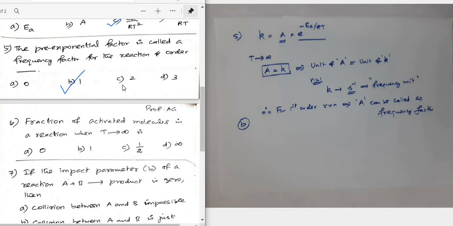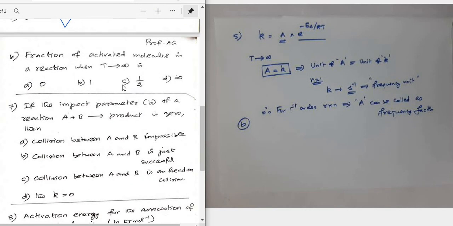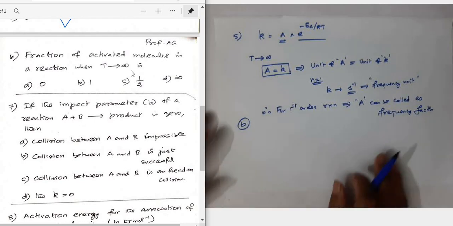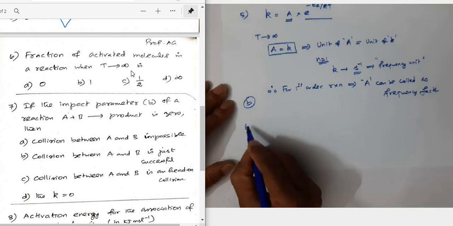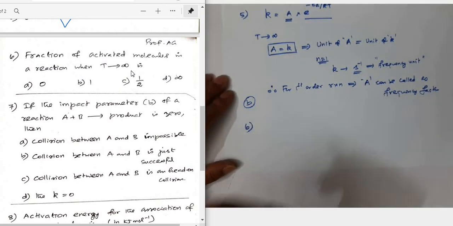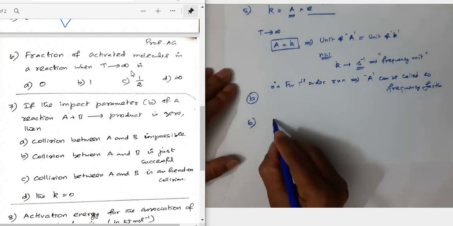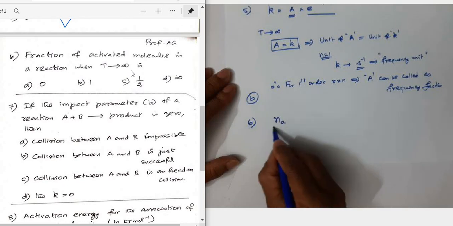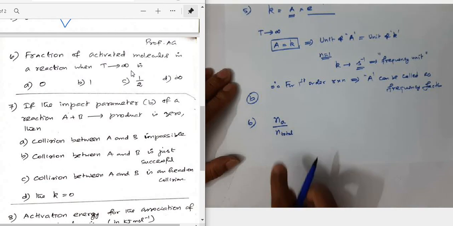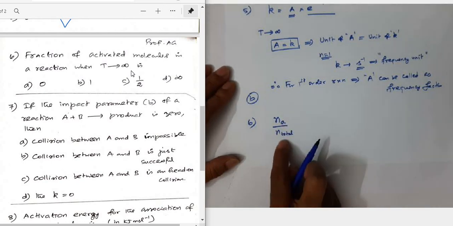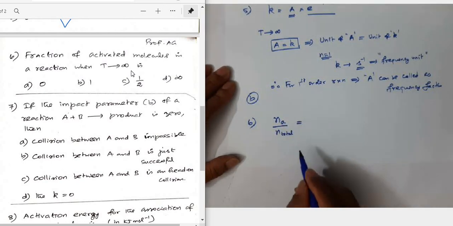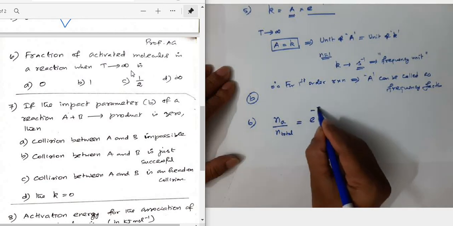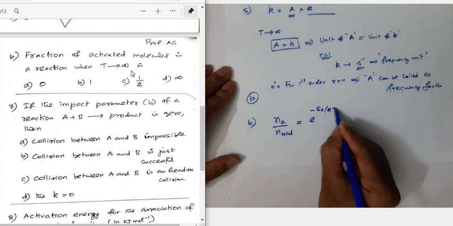Then question number 6. Fraction of activated molecules in a reaction when temperature approaches infinity is. This is also a simple question. Fraction of activated molecules: you know very well, it is the number of activated molecules divided by the total number of molecules. This is given by the Boltzmann equation as e power minus Ea by RT.